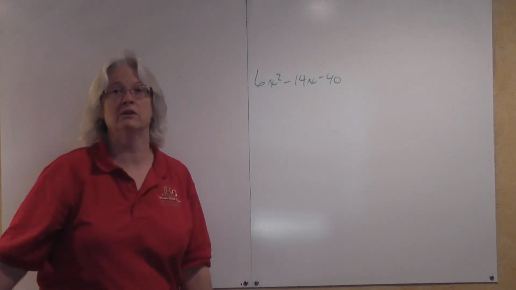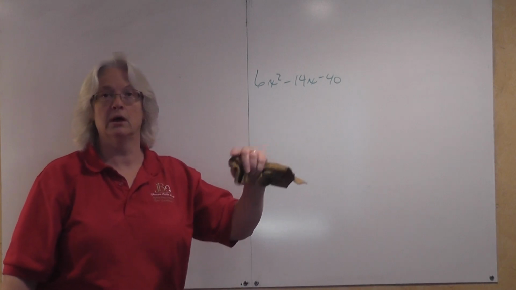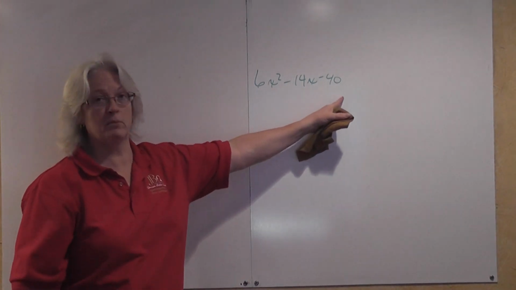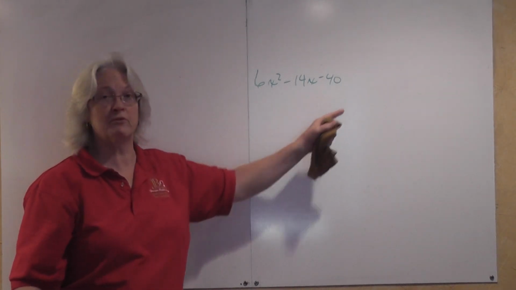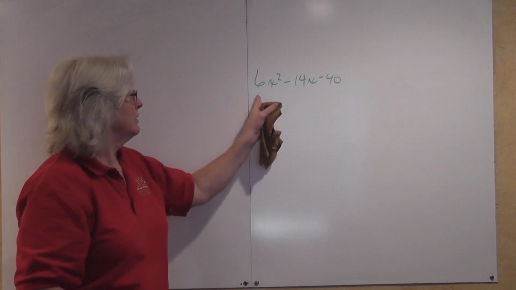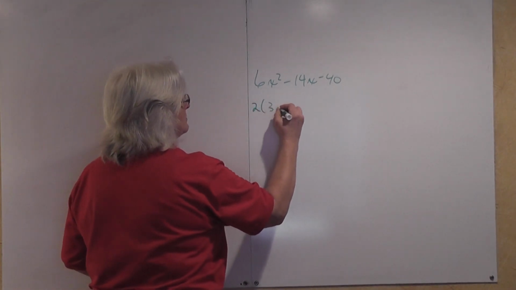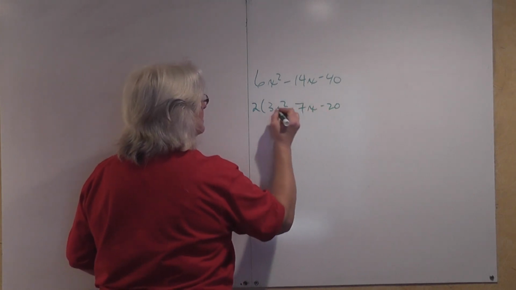First off, what do we want to do here? Do we want to go ahead and factor 6x squared? No, we don't. And the reason for that is we see that all of these are even numbers. So we have a greatest common factor, a common monomial factor that we need to remove, which is 2. Now we have 2 times 3x squared minus 7x minus 20.